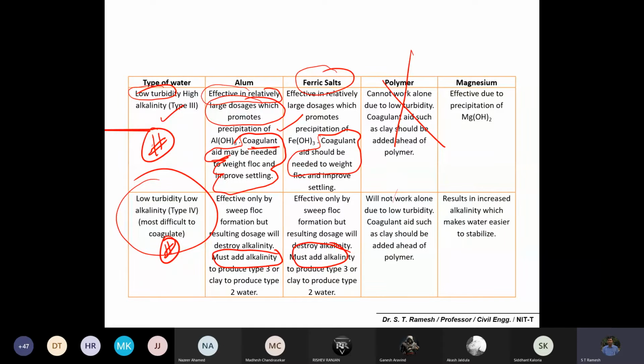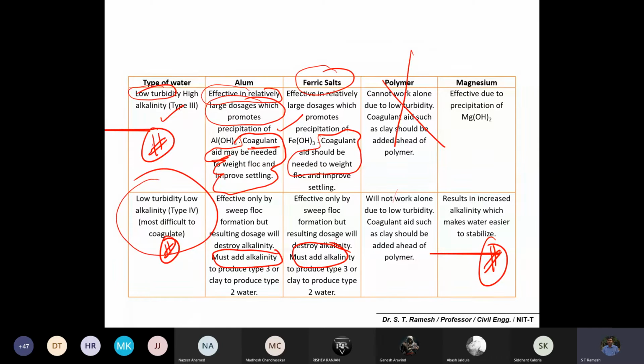At least you can shift the situation to the second case or third case. Please make a note, this is important. In the fourth case, it is very difficult to go for a coagulation process. Instead of wasting time, you can shift this fourth situation to either the second or third case, thereby you could operate in an effective manner.